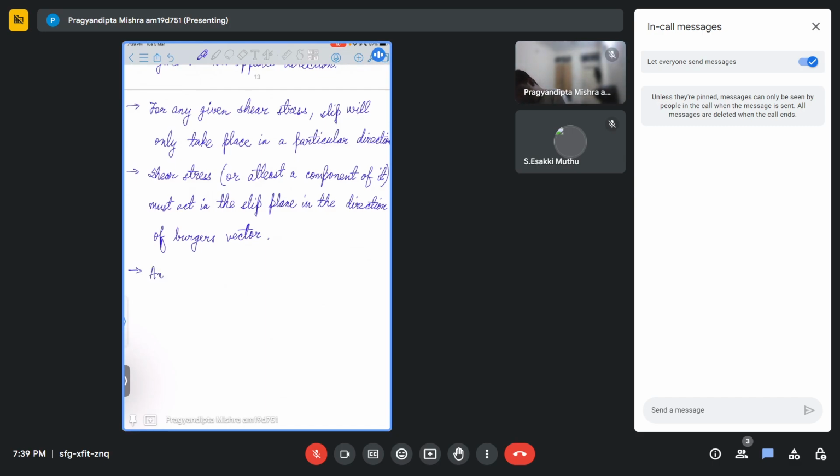So an edge dislocation will have a uniquely defined plane for glide. But screw dislocation will not.